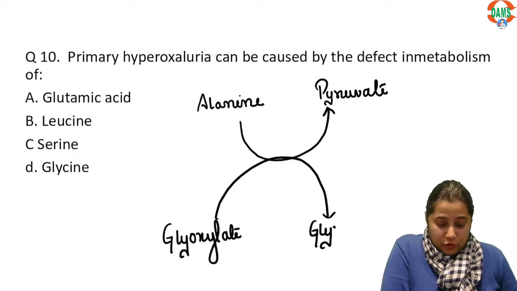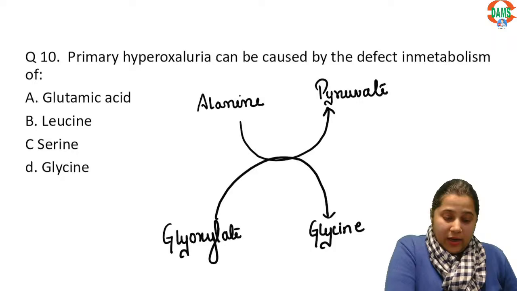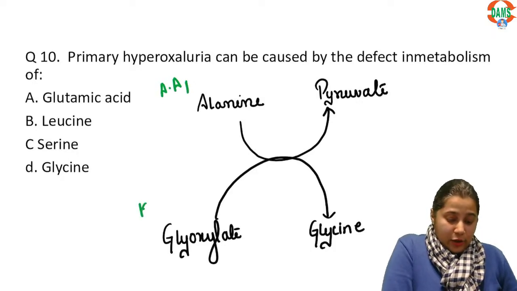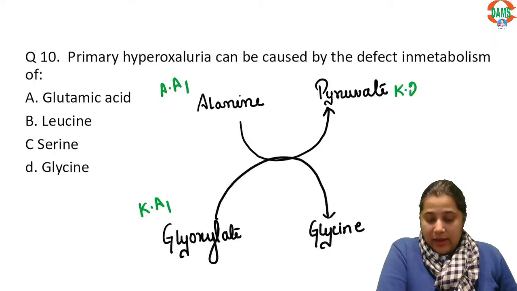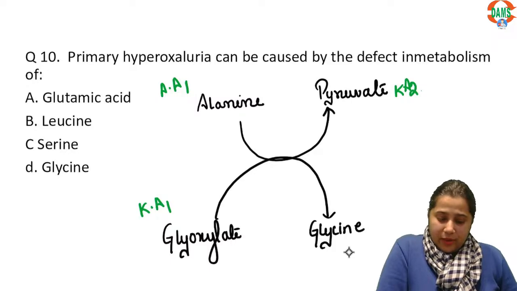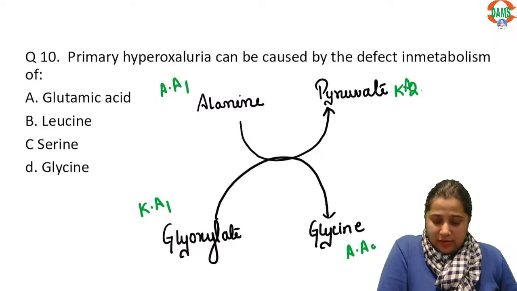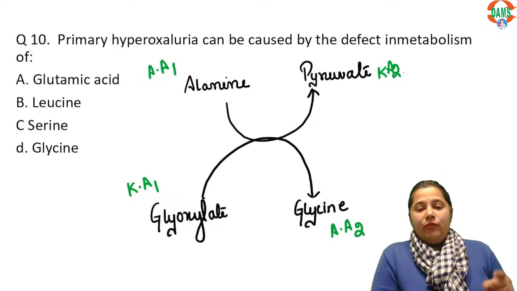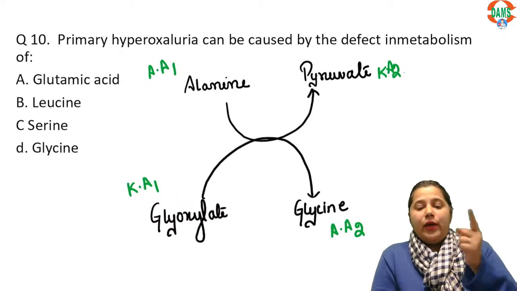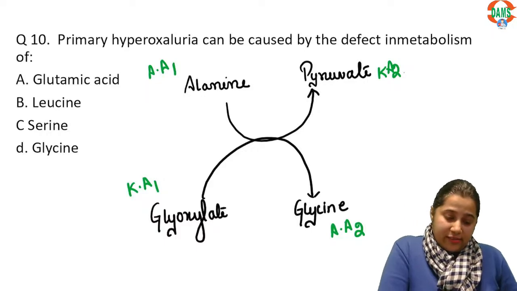So here also one amino acid reacts with one keto acid to form another keto acid and another amino acid. Alanine will be converted to pyruvate, and glyoxylate will be converted to glycine.